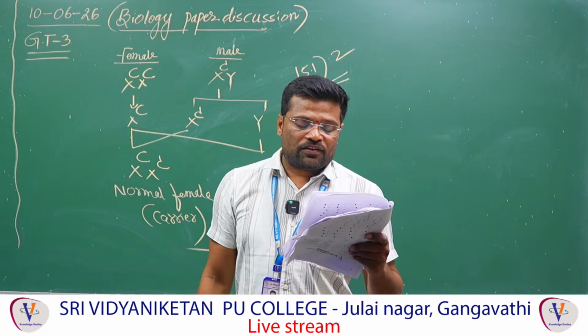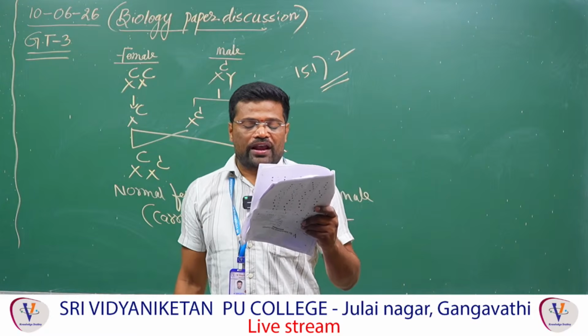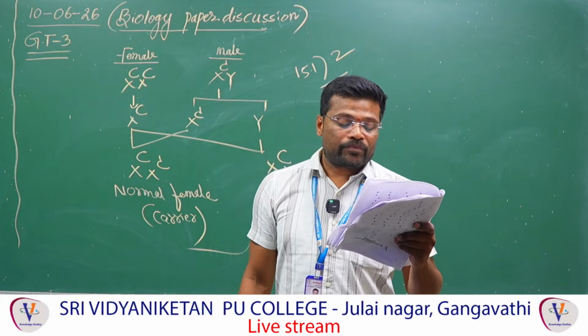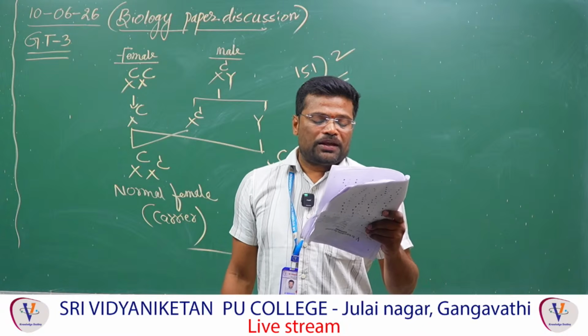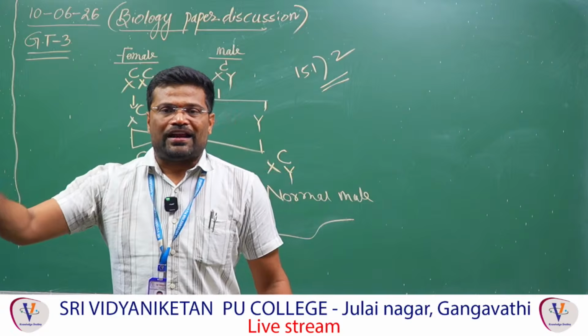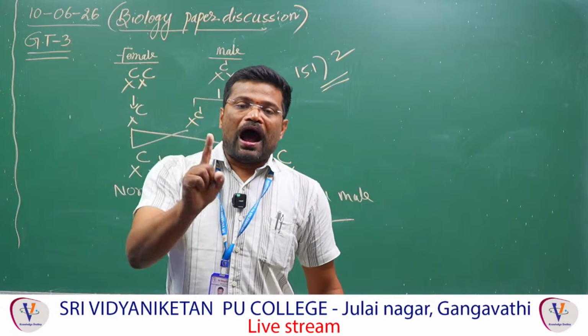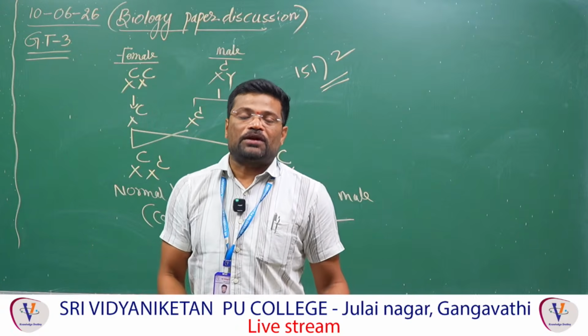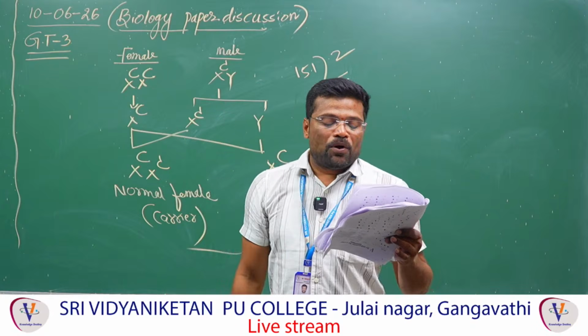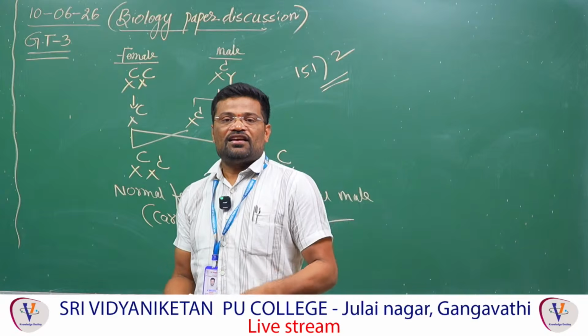Next, 156. Which of the following destroy our infected body cells in case of innate immunity? Option 1, antibodies released by memory cells. Both antibodies and memory cells come under acquired immunity or adaptive immunity. So answer 1 is wrong. Option 2, antibodies released by plasma cells.